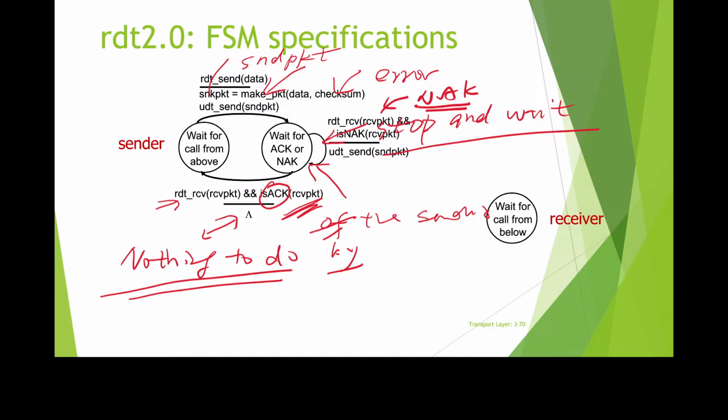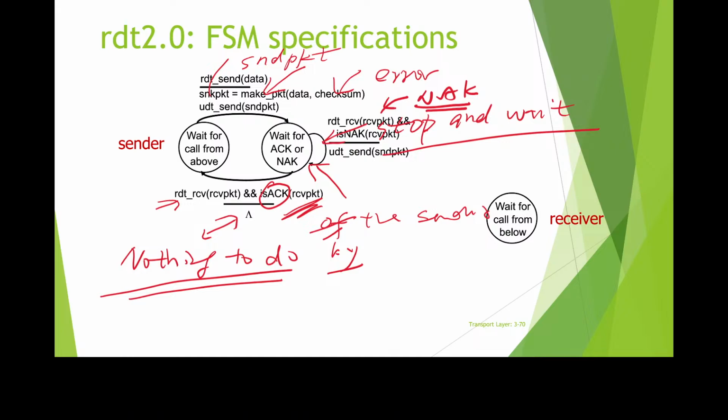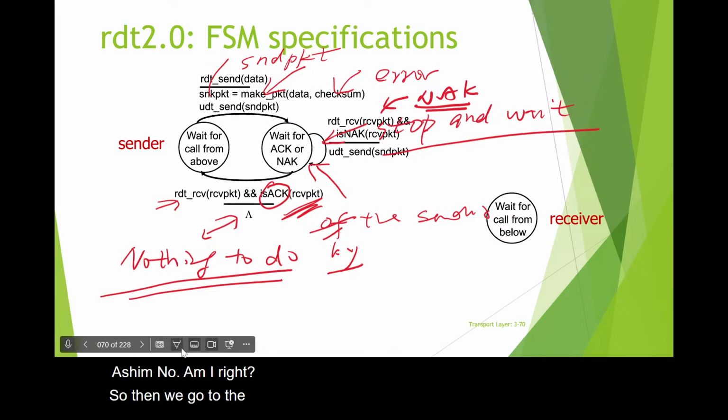So about the current sender using the finite state machine, any possible questions, so let me know so I can repeat it. I assume no, am I right? So let me go to the discussion for receivers.